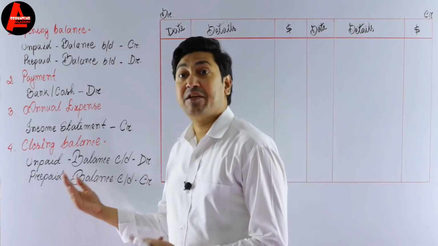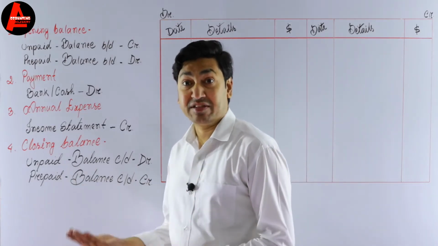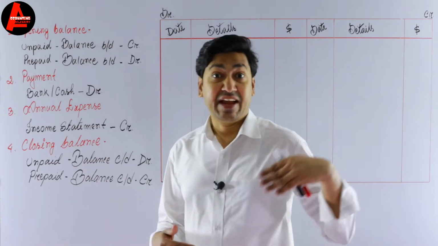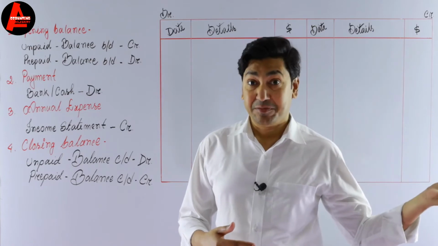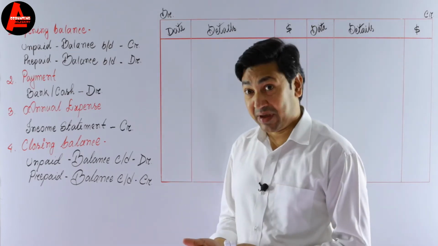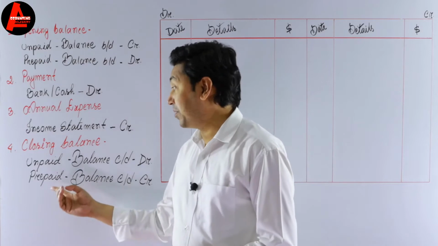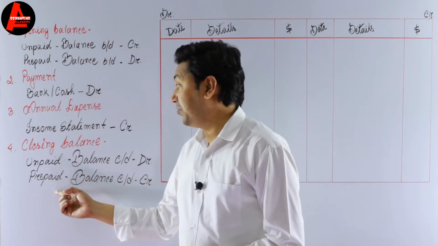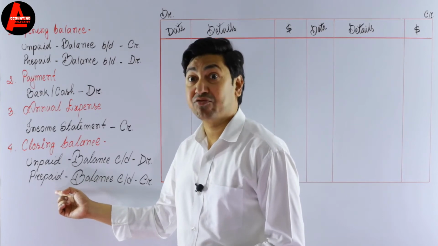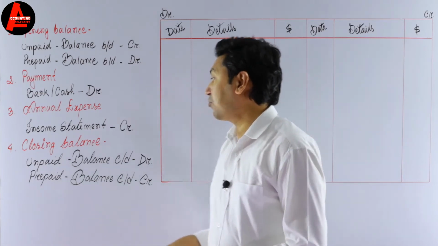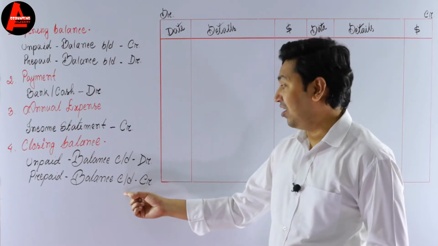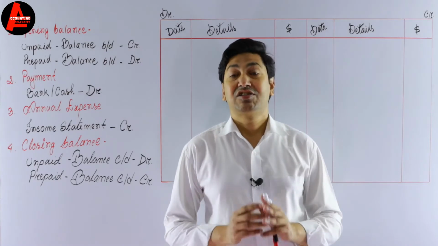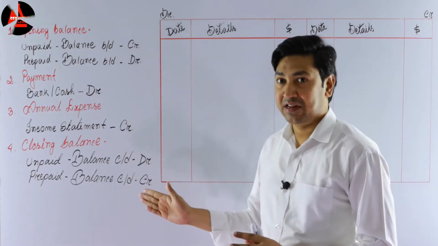If there is any prepaid expense or advance expense, meaning you paid expense for the next accounting period, this is a closing balance and it is an advance or prepaid expense. So this is also balance CD. If you see this type of transaction in the question, you have to write it as balance BD on the credit side here, okay? So very simple, you have to remember this thing.